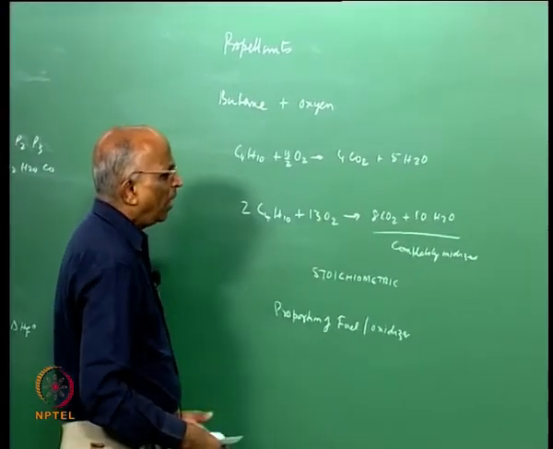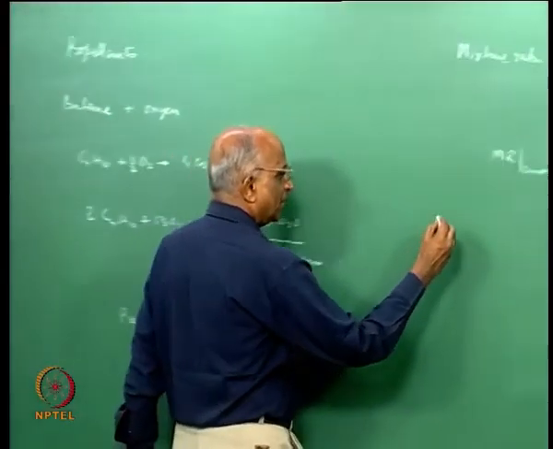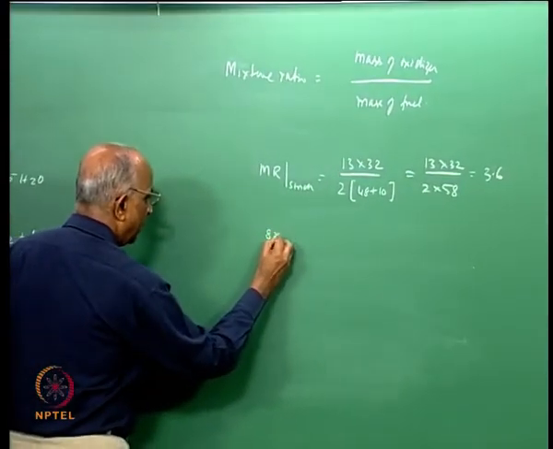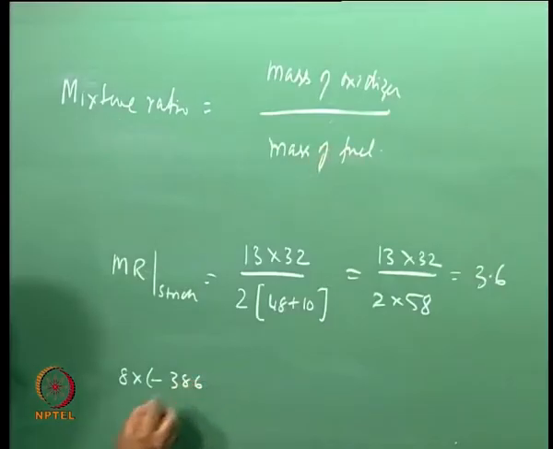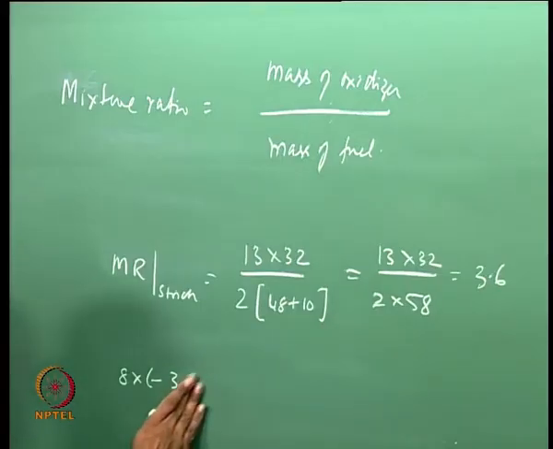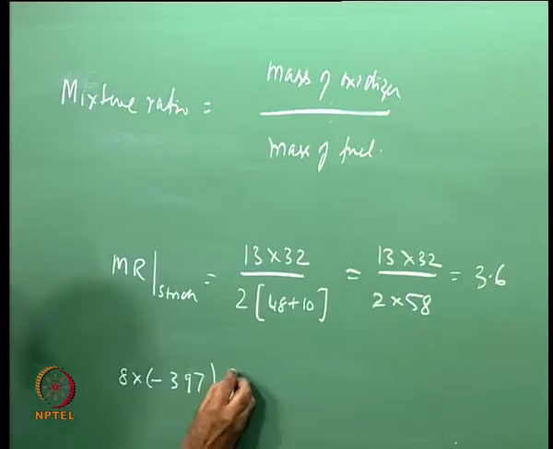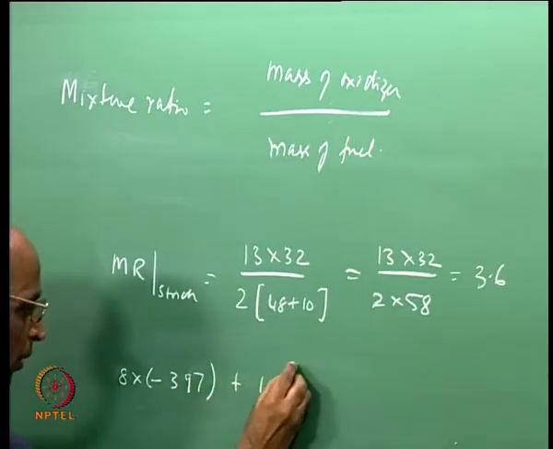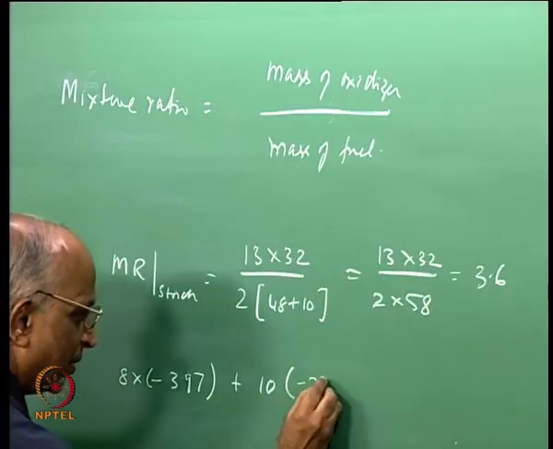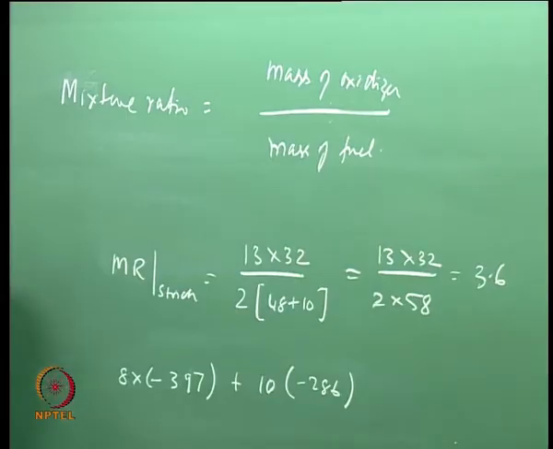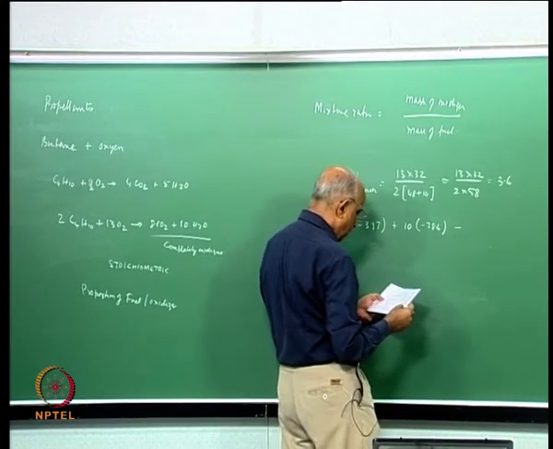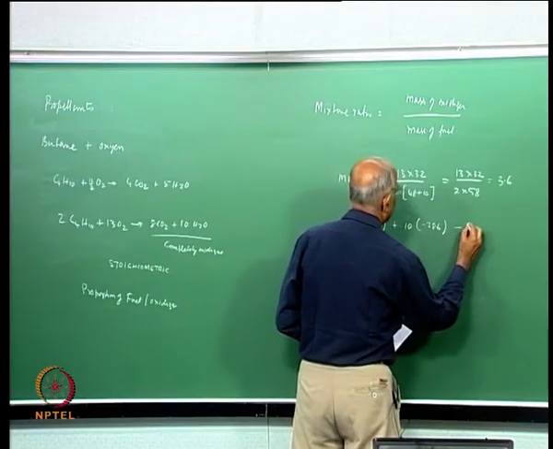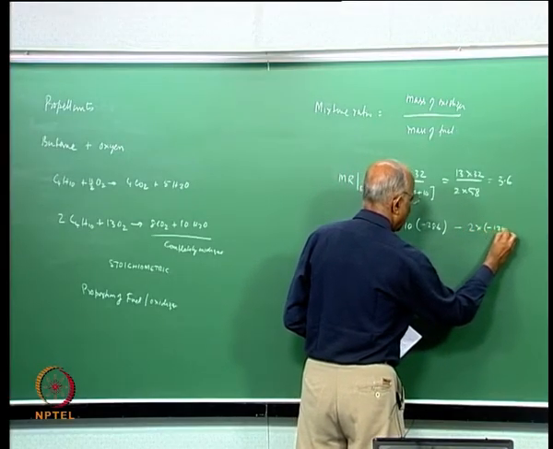Now I take another example, and how do you calculate the heat release? The heat release for this reaction is equal to 8 into minus the value for CO2, which was something like 397, heat of formation, let us go back, it is in front of us, 397, plus 10 into water, water is minus 286, minus the heat of oxygen, which is 0 as an element, and butane is slightly lower, minus 124.7, that is 2 into minus 124.7.